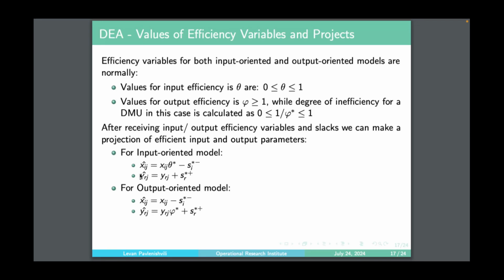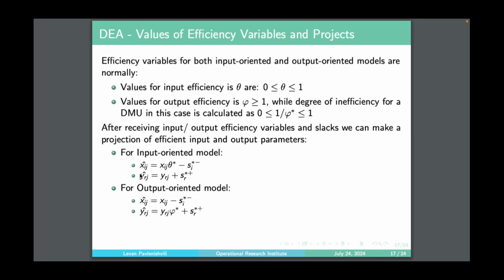So what it tells me is how much I can increase, let's say, the number of people at my shop in order to make my branch more efficient, or as efficient as another branch that has been modeled as the most efficient one. The same happens with an output-oriented model.